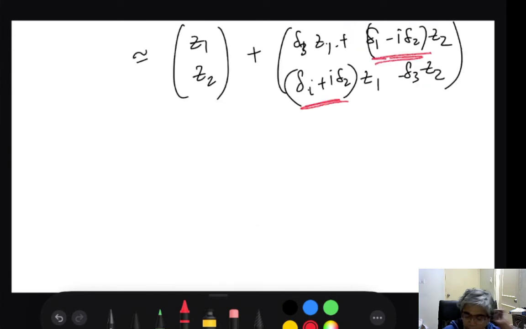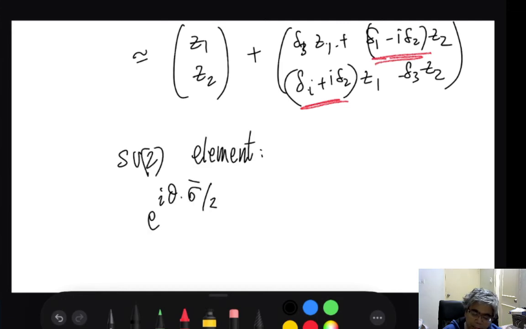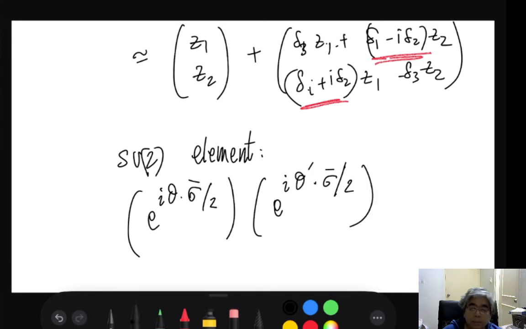We can see that now. Take an SU2 element defined by e power i theta dot sigma by 2, and another SU2 element defined by e power i theta prime dot sigma by 2. Let me call the second one theta prime, just to distinguish between the two elements.